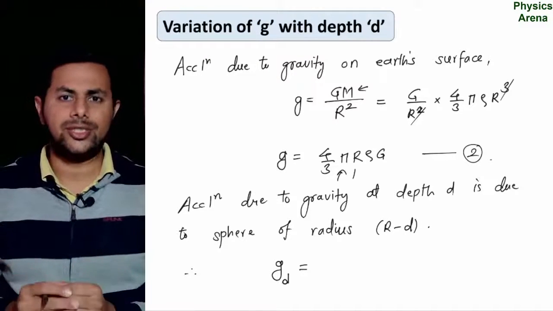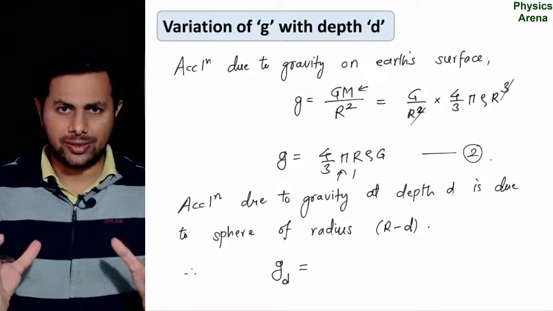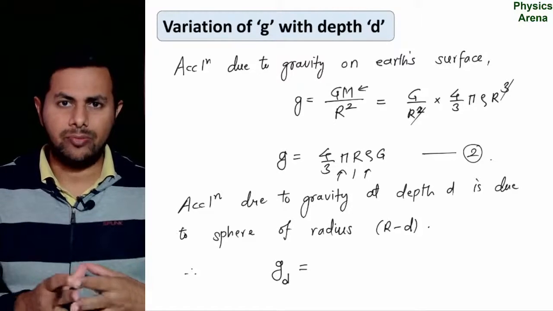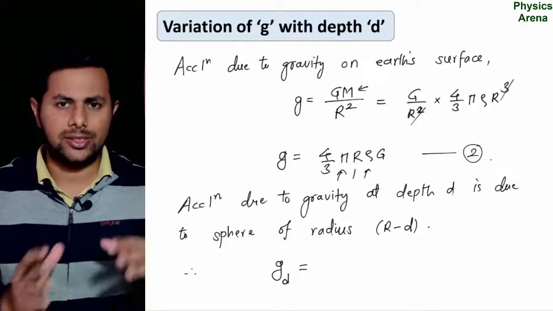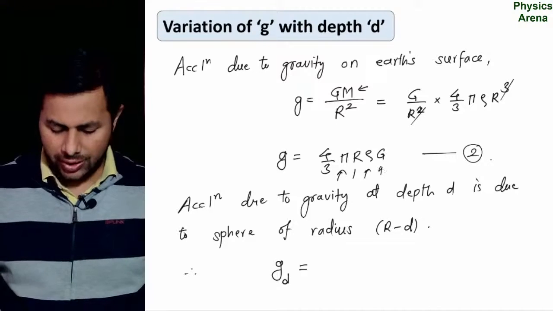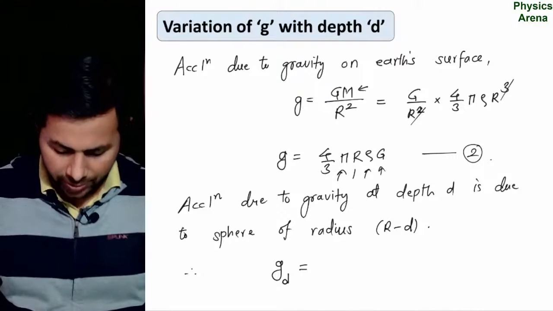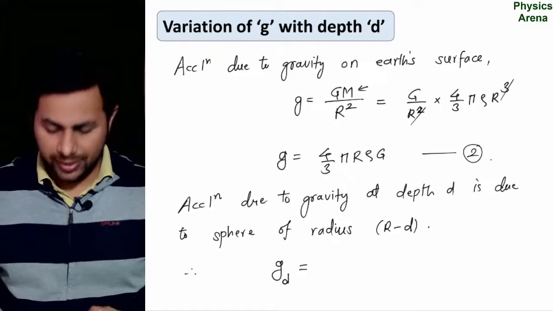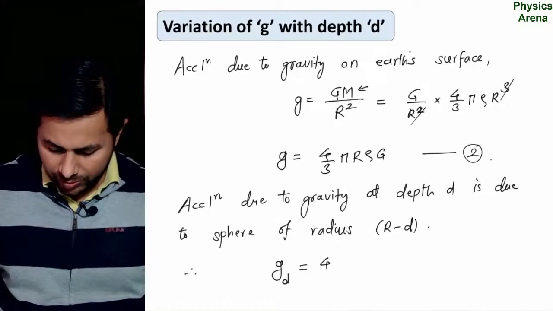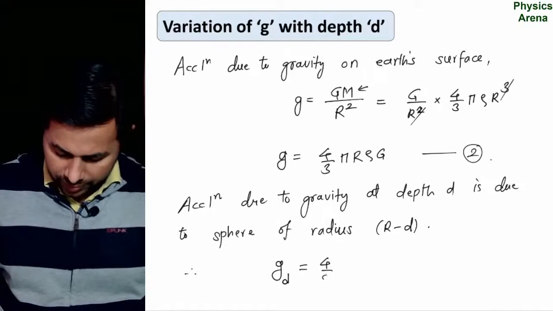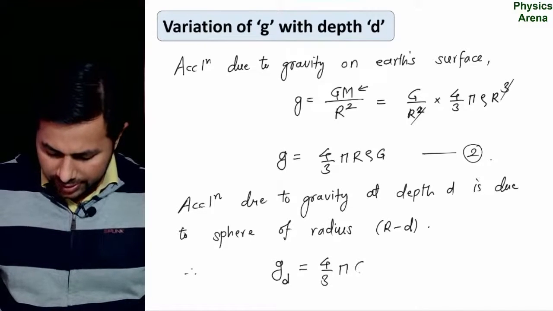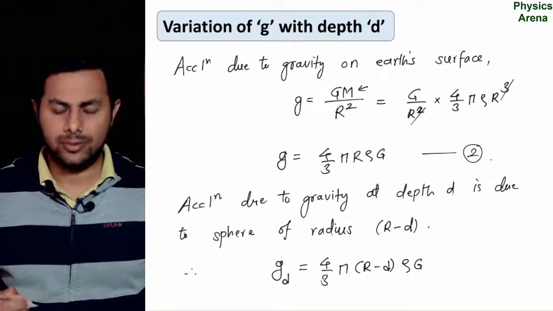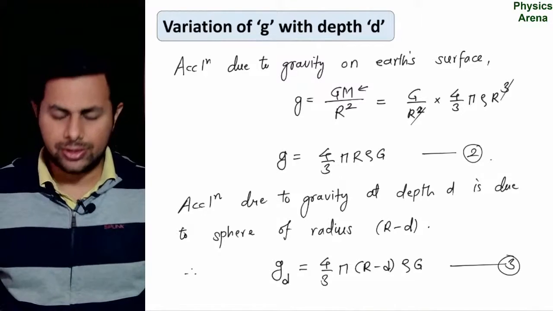On Earth's surface, the acceleration is due to the sphere of radius capital R. Then rho, we considered Earth having uniform mass distribution, so rho will remain constant, it is density of Earth, and G is a constant. So only one thing changes, and therefore we can write down this formula for acceleration due to gravity at depth d very easily. It will be 4 by 3 pi, with r minus d multiplied by rho G. I will call this equation number 3.